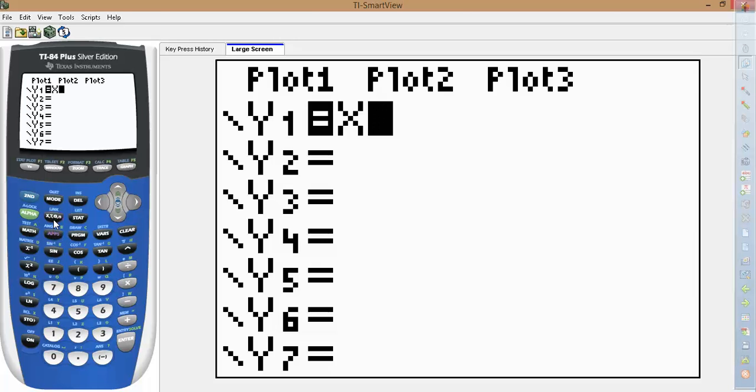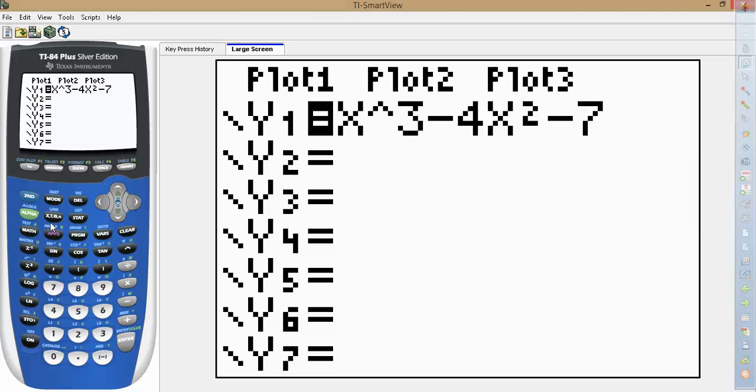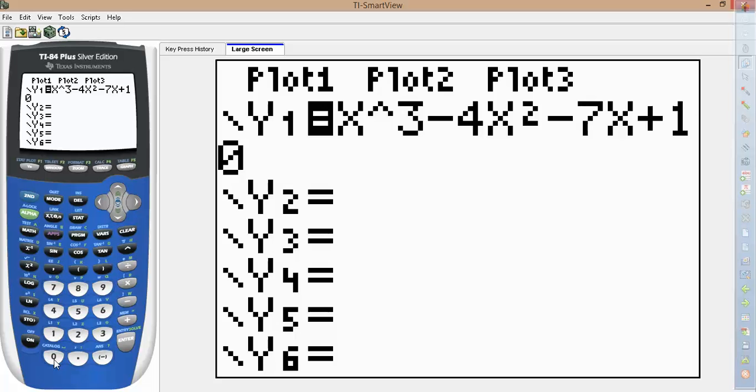Press that and then we can raise it. There's your exponent button. We'll raise to the third power. Then we have to subtract 4x squared. So hit that x button again, hit the square right there, and then I think we had to subtract 7x, and then we need to add 10. Okay, so that's your first move.